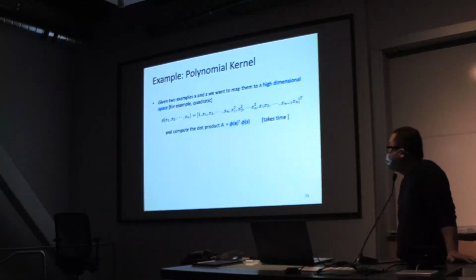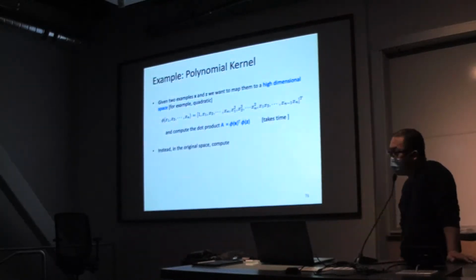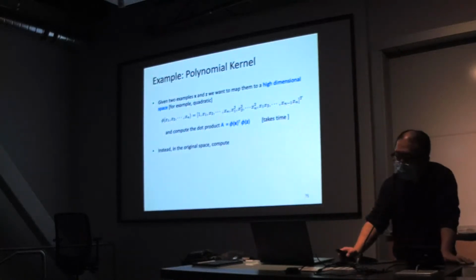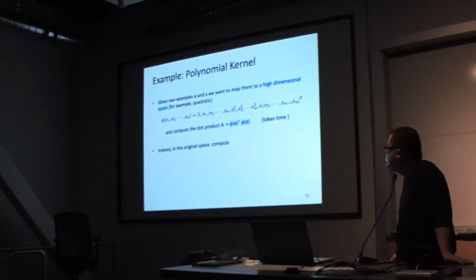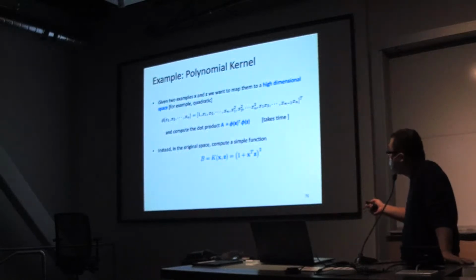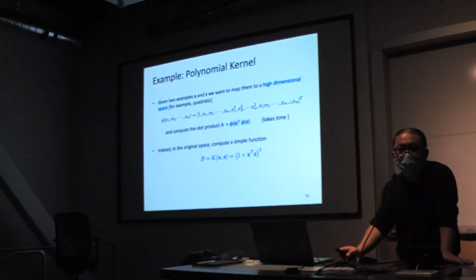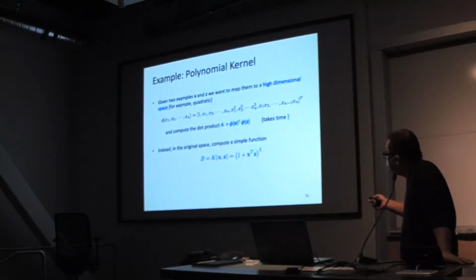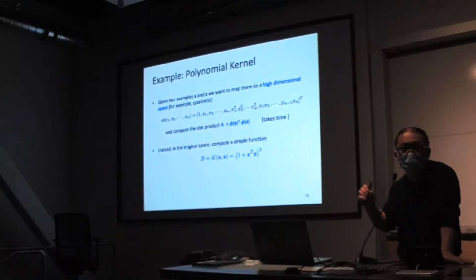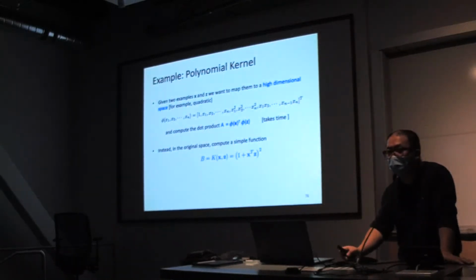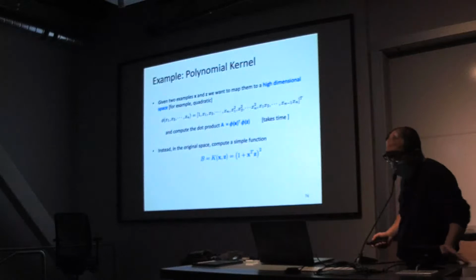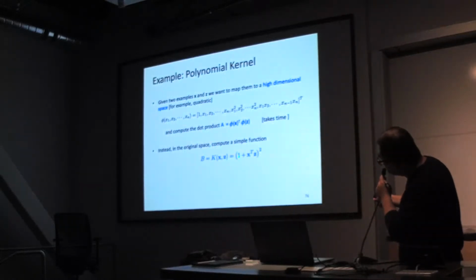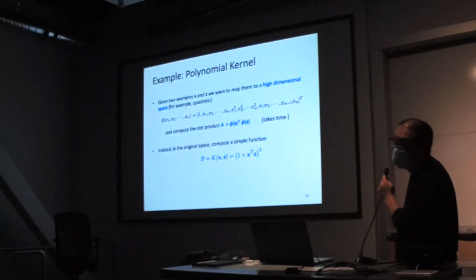Now, what if I do not explicitly compute this quadratic feature mapping? Instead, I just compute this function. We only compute the dot product between x and z in the original space, with no feature mapping, and then we add 1 to this dot product.